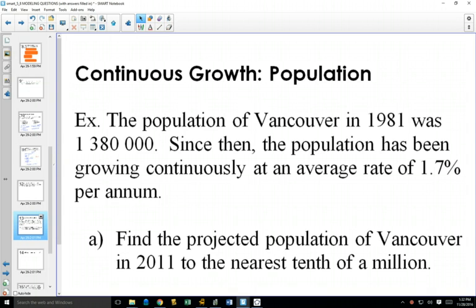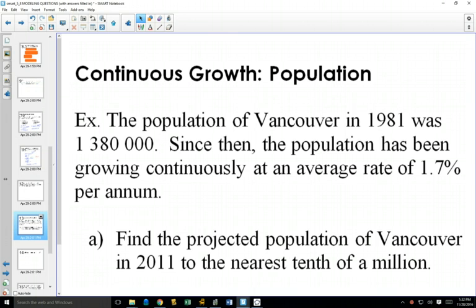Since the human population is large, it's large enough to be modeled by continuous growth. Our population is always growing. There's always people being born, there's always people dying, but overall, we are growing. And since our numbers are large enough, it can be modeled well with a continuous growth model.